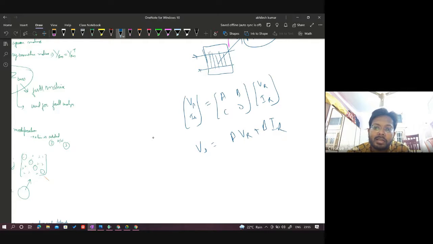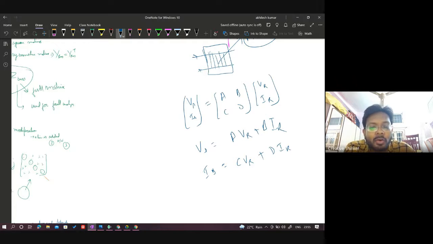And similarly Is is related as C into Vr plus D into Ir. We solve and find the values of A, B, C, and D.